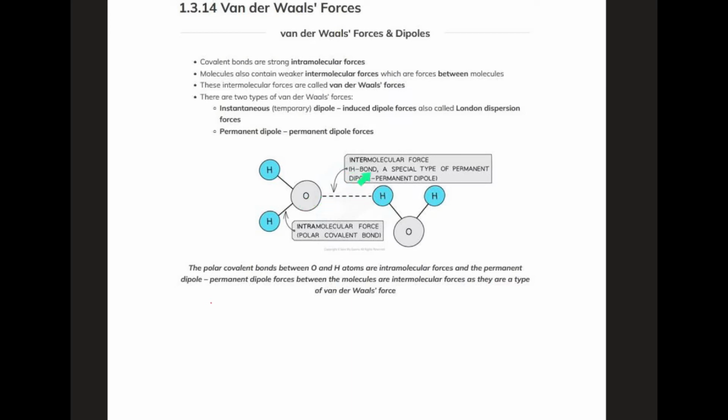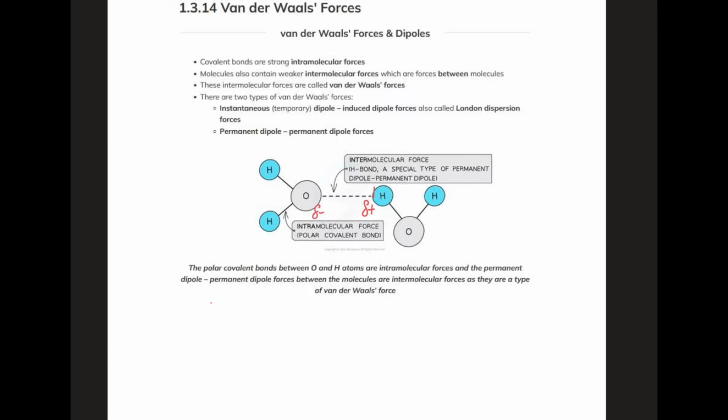This is hydrogen bonding, of course, a special type of permanent dipole. Permanent dipole happens when the molecules have delta positive and delta negative.